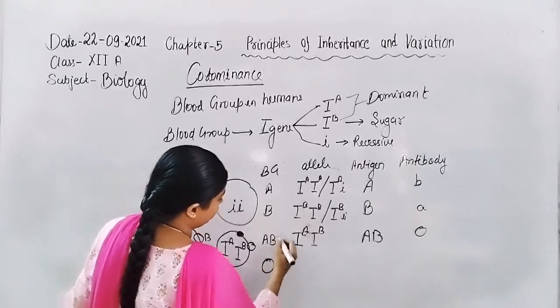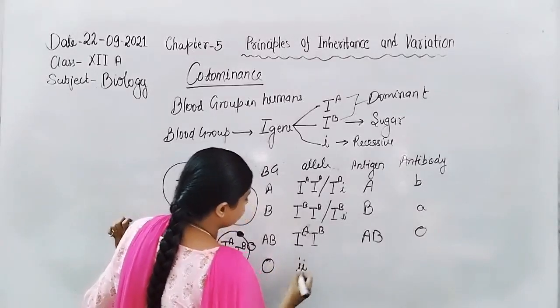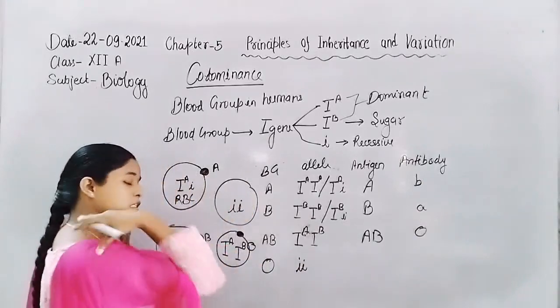Now, blood group O is the recessive type of blood group, completely homozygous, when both small i alleles are present.